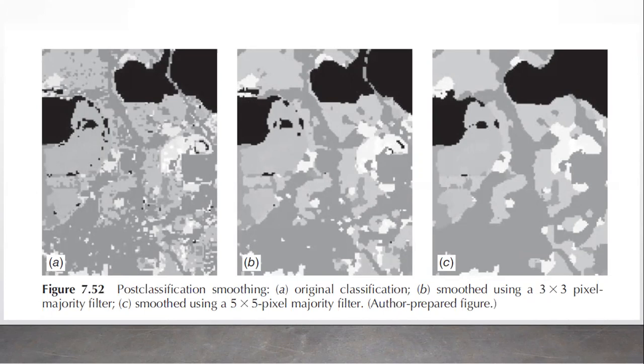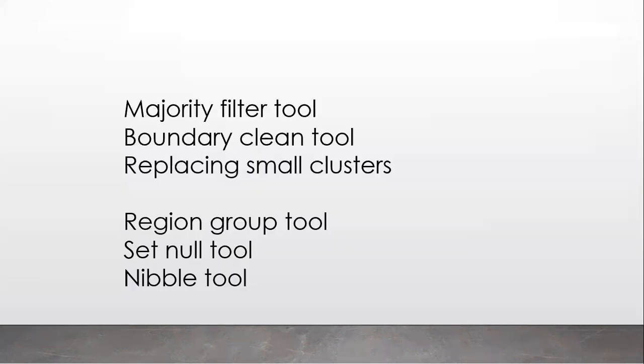See, there is a difference between the 3 into 3 filter and the 5 into 5 filter. How effective post classification smoothing is, you can understand from this image.